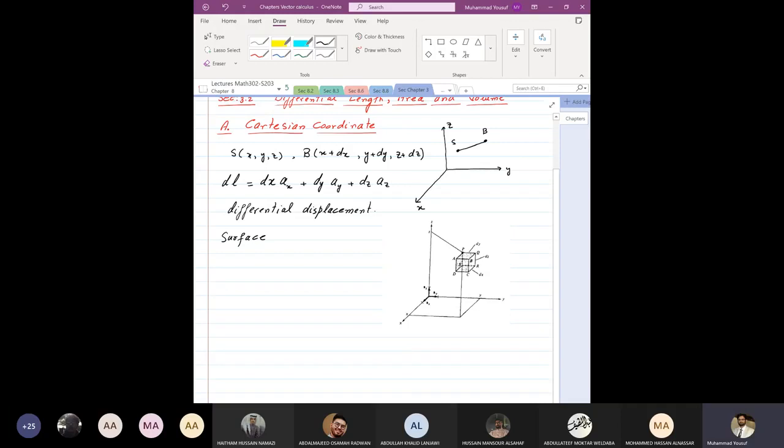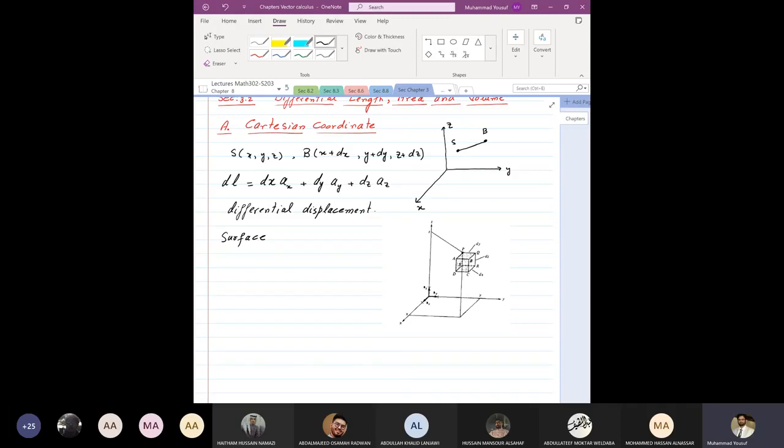And what about PQRS? PQRS, that is the other side face. Can someone tell me what will be the perpendicular unit vector on PQRS? Negative A sub x. It is in the opposite direction of the x-axis. So it will be negative A sub x.